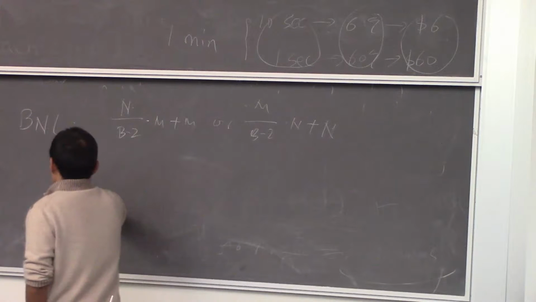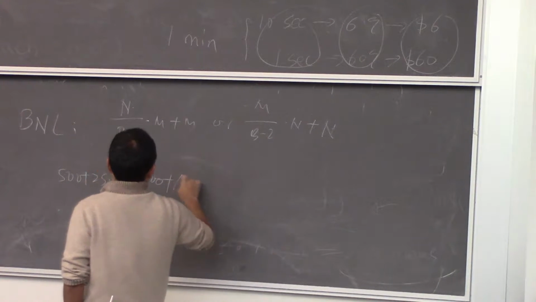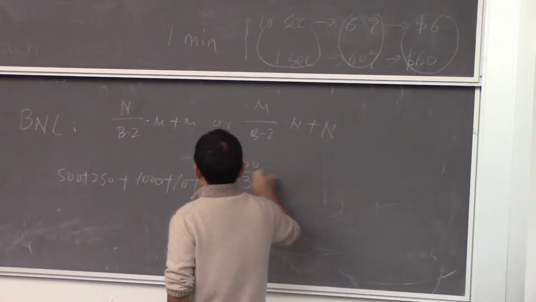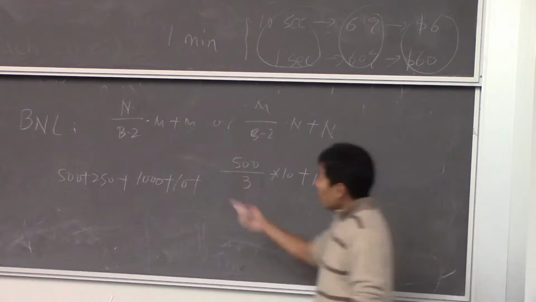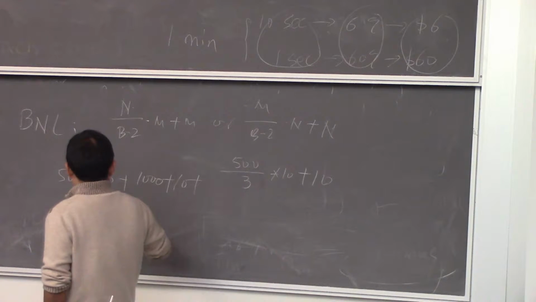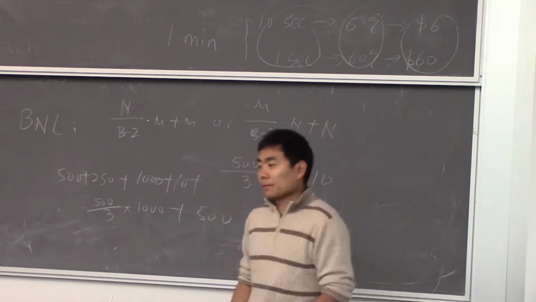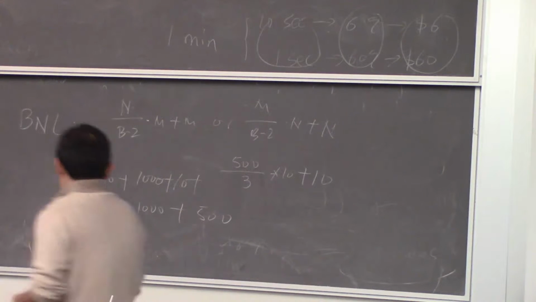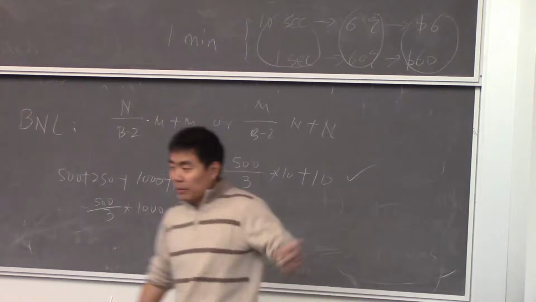So your cost will be, or if you don't do that, your cost is simply, right? And if you use this, the cost will be 2,000 some I/Os.